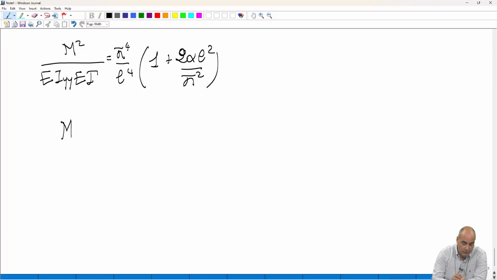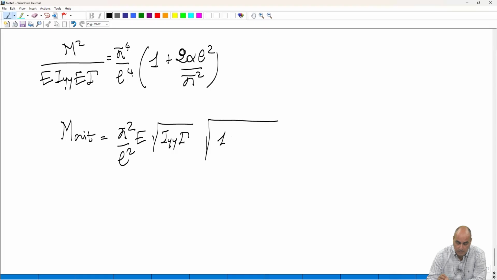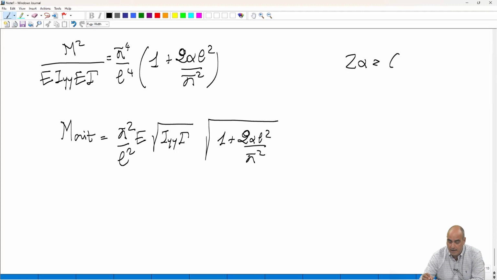And if I solve for m critical, it is equal to pi square over L square. Well, E can stand, the square root of J J gamma, the square root of 1 plus 2 alpha, where 2 alpha, I remind it to you, is this one.